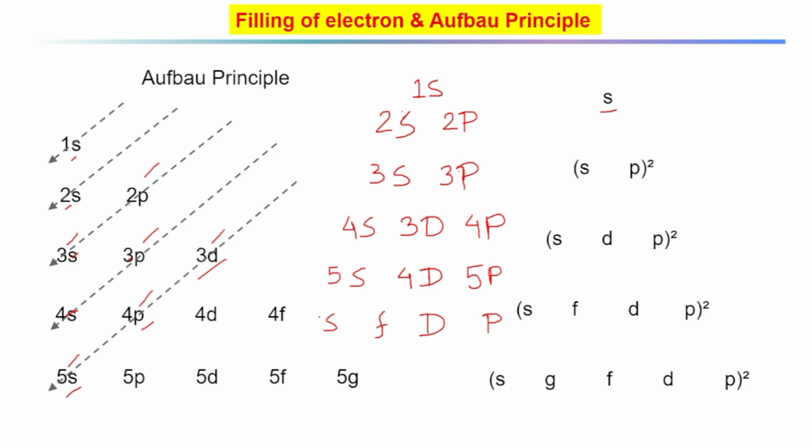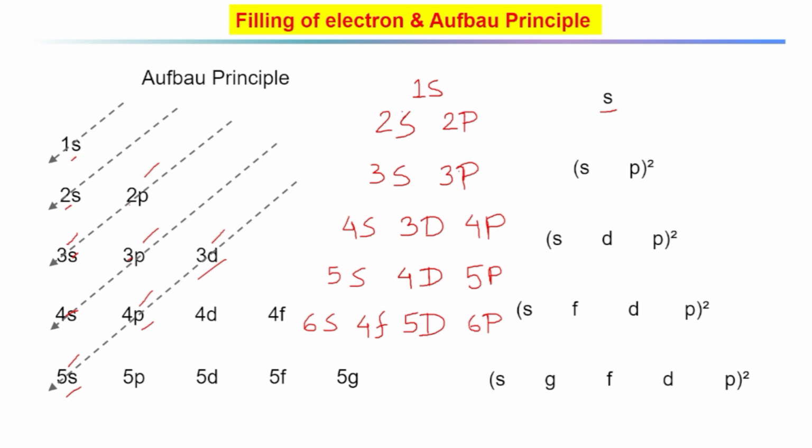And this one is actually 6s, and in case of f we have to write n minus 2. So in the sixth row it will be 6 minus 2, meaning 4f, and d will be n minus 1, so 6 minus 1, it will be 5d, and again np, so 6p.